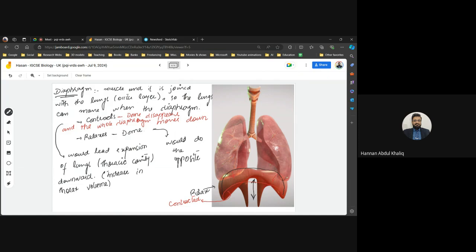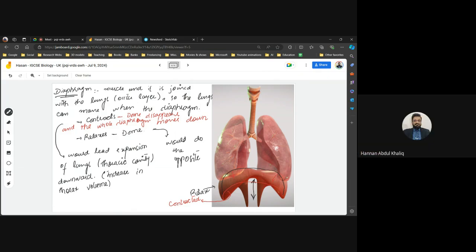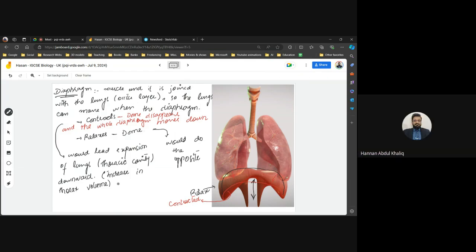Like, the air pressure should go down or it would rise? When the lungs expand, then the pressure decreases because there's more space. Exactly. So it would lead to decreased air pressure inside.